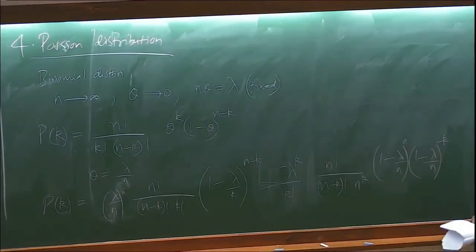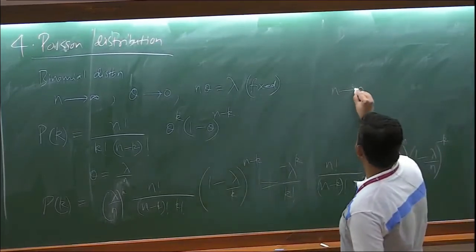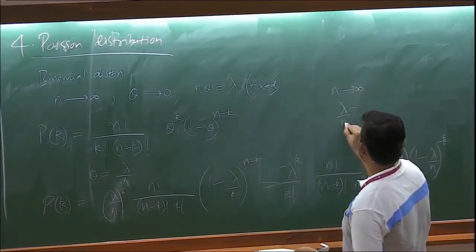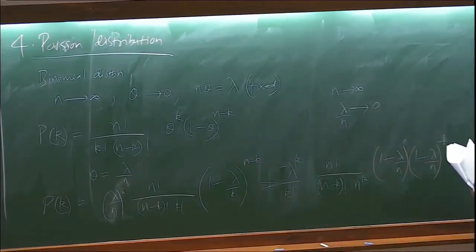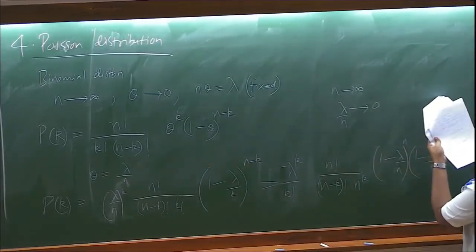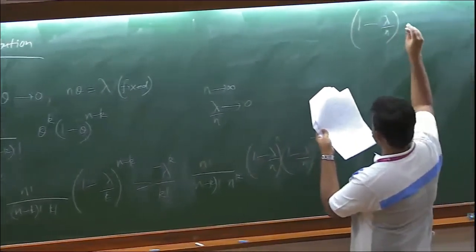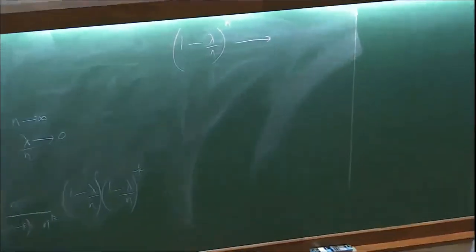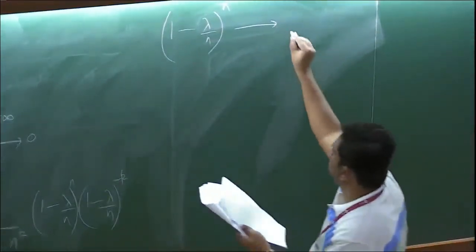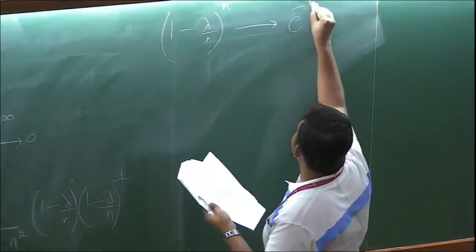So you should be able to recognize something as n tends to infinity. Lambda by n, which is our theta, tends to 0. And in that limit, what is 1 minus lambda by n to the power of n? What does this tend to? Yeah, e to the minus lambda.